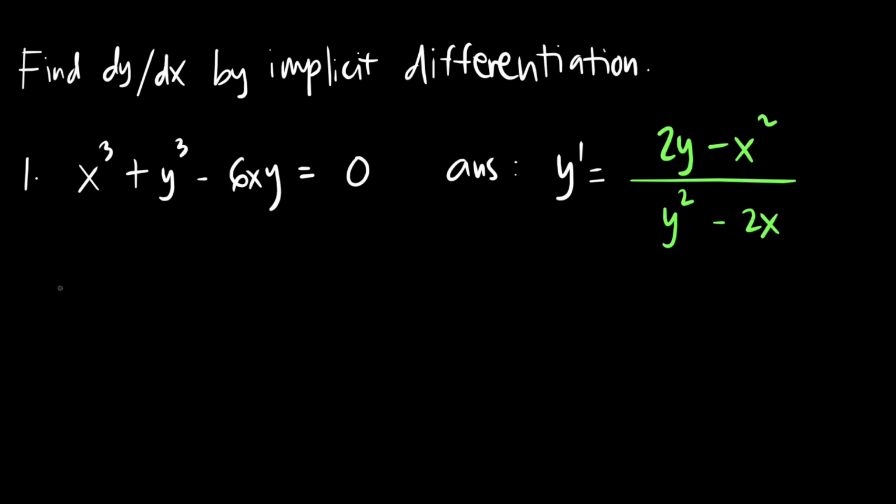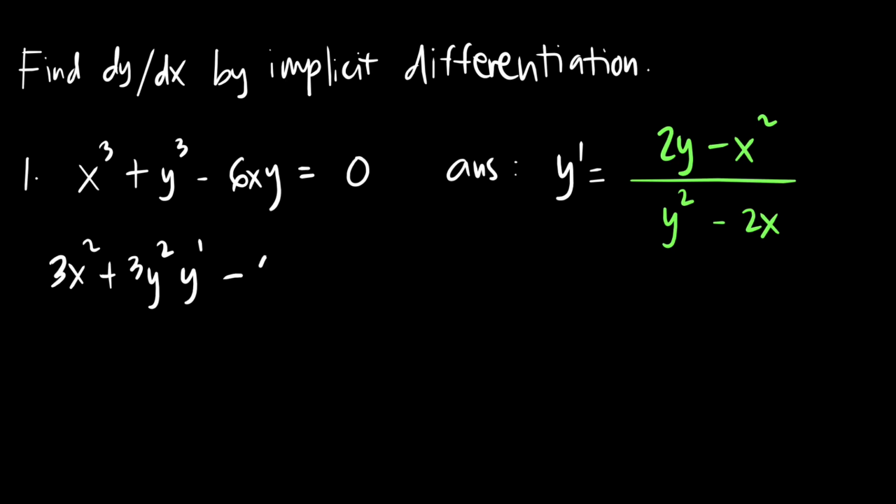So by differentiating both sides, we have 3x squared plus 3y squared, so 3y squared y prime. The derivative inside: 3 minus 1 is just equal to 2, then the derivative inside is y prime.